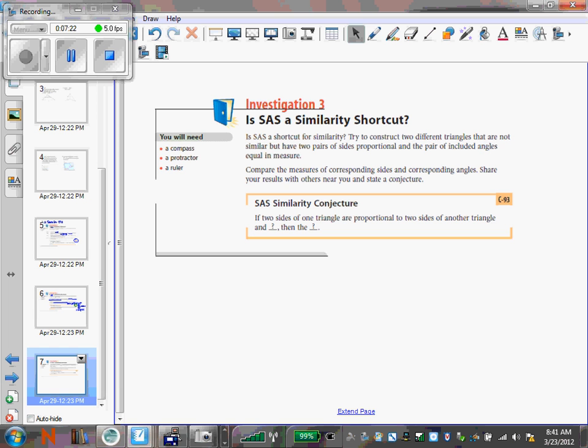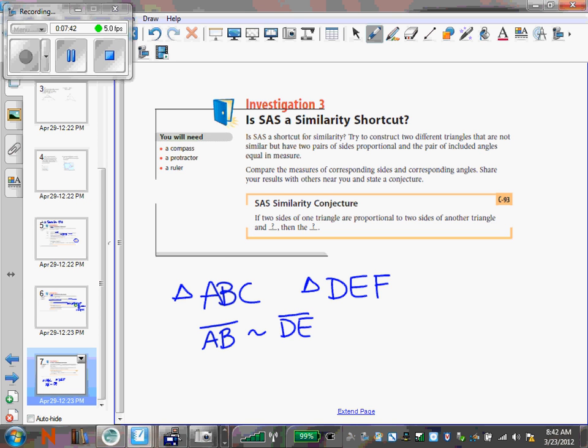So start with triangle ABC, and then we're going to make triangle DEF. What I would do is make side AB similar to side DE, but then use the same scale factor between BC and EF.